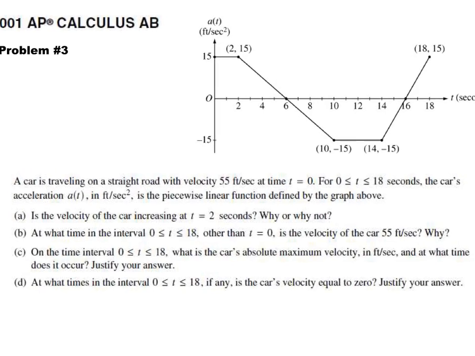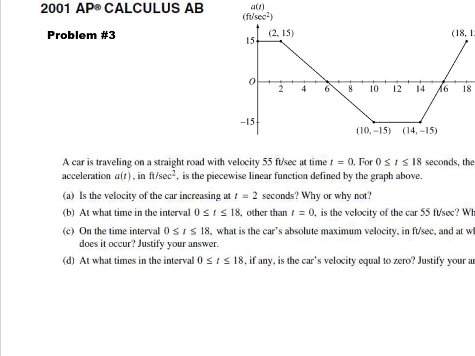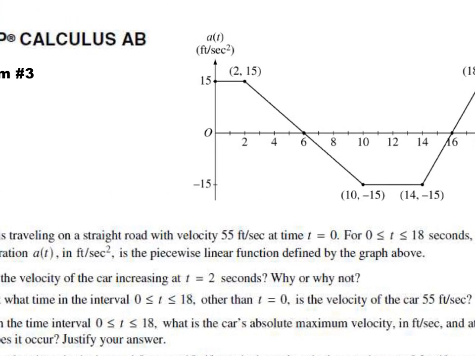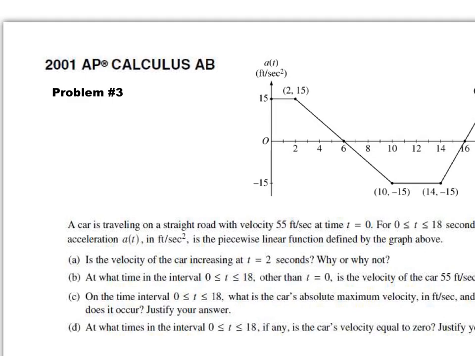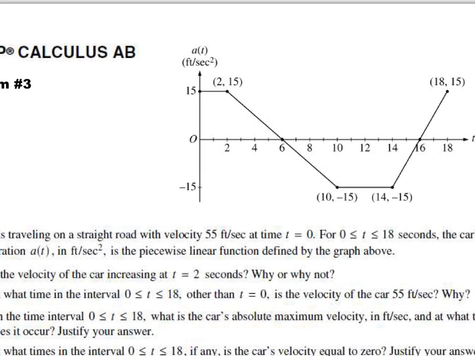And it looks like the car's acceleration, a of t, is in feet per second squared. And it's a piecewise linear function defined by the graph above. Okay, so that's the acceleration of the car.